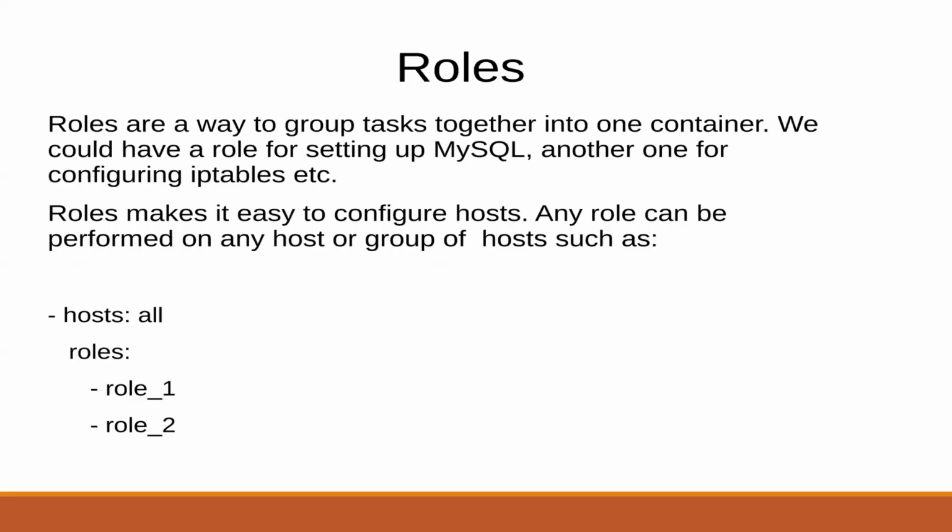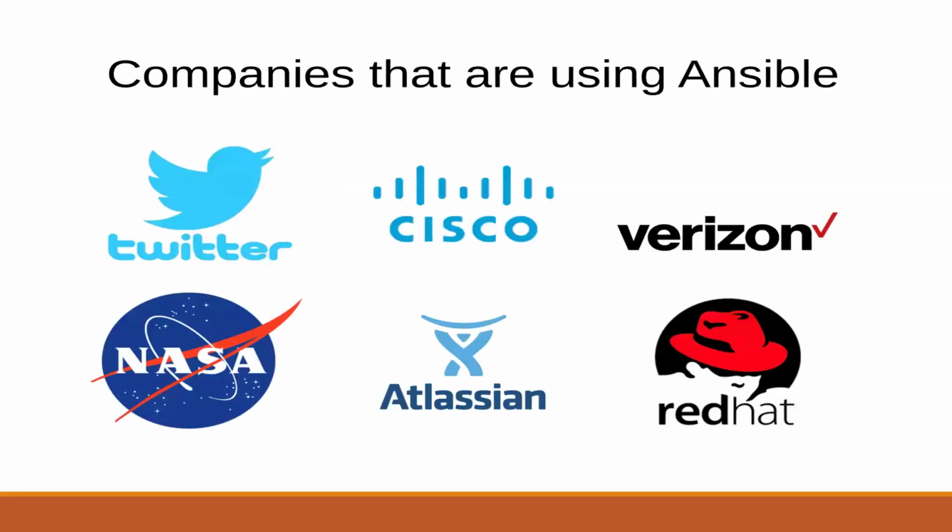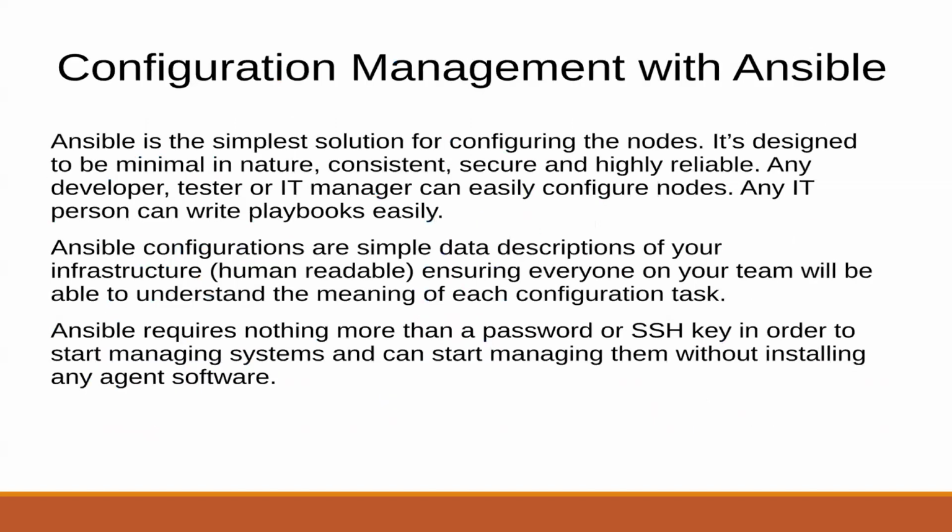We could have a role for setting up MySQL, and another role for configuring iptables. Roles make it easy to configure hosts. Any role can be performed on any host or any group of hosts, such as hosts all, roles: role one, role two. Companies that are using Ansible: Twitter, Cisco, Verizon, Red Hat, Atlassian, NASA.